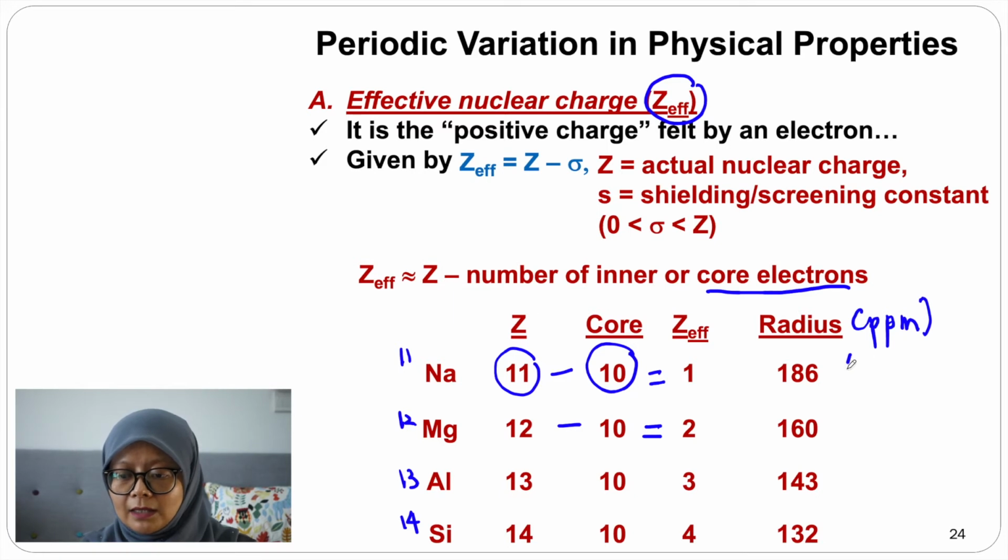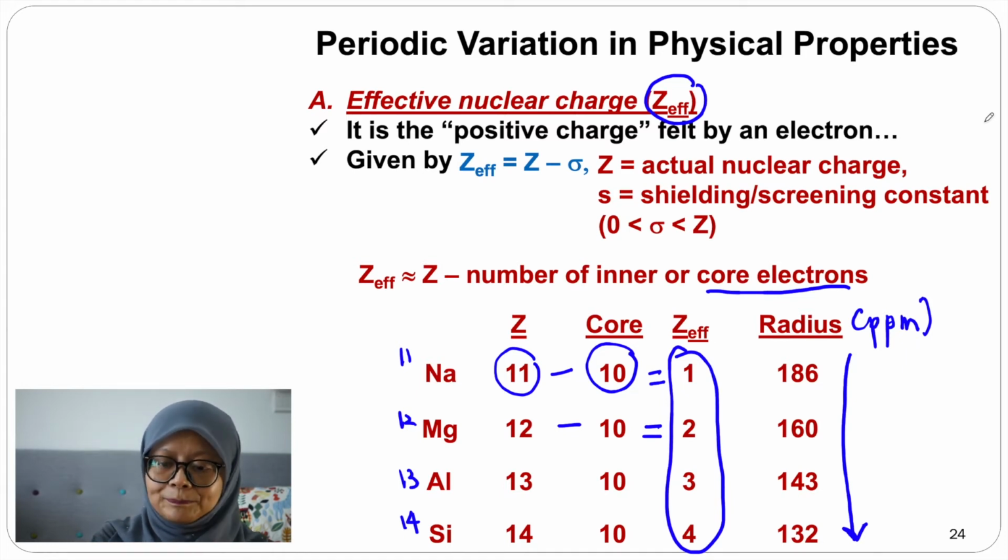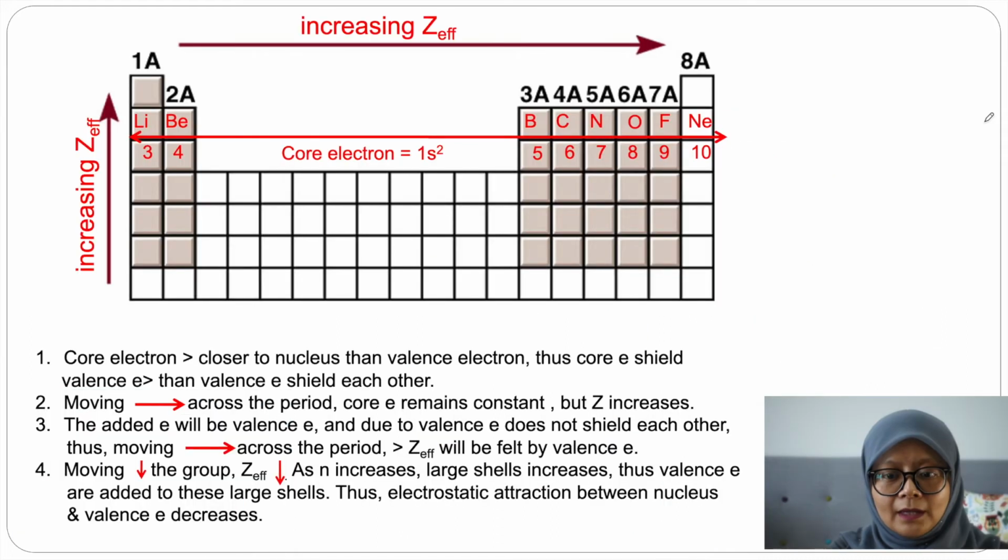The radius of these atoms is decreasing because of the increasing Z effective. So actually the Z effective has an effect on the size of atoms. This is the overview of the periodic table in terms of the Z effective, from left to right, or across the periodic table.